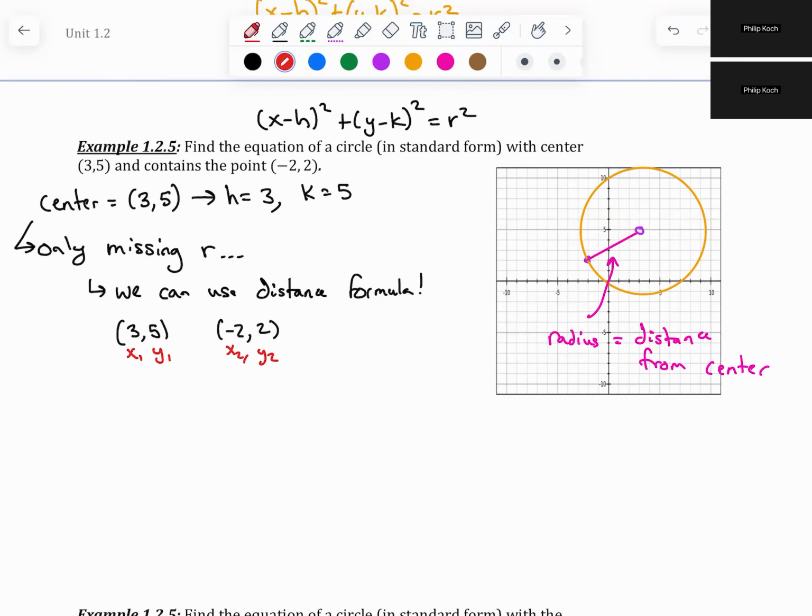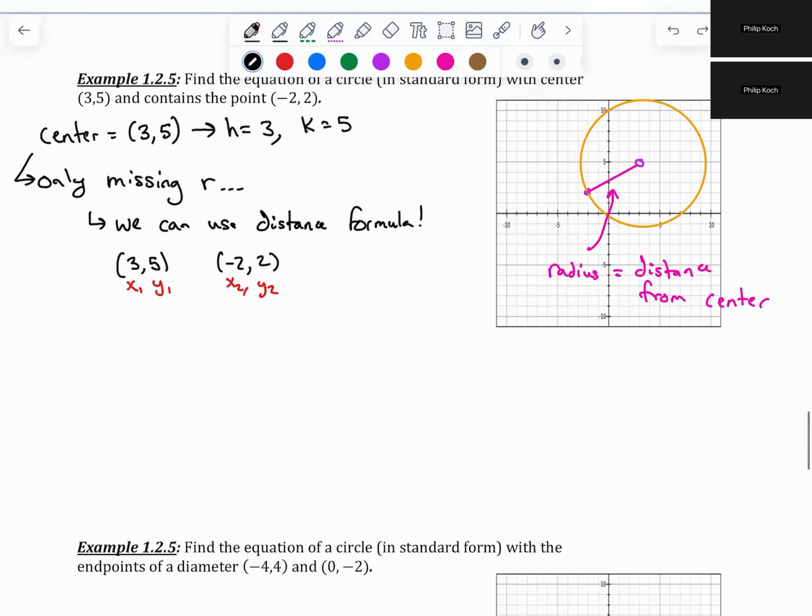If you don't remember what the distance formula is, I'm going to write it down because it's good practice to just memorize by writing something down. So d, the distance, which in this case will be r, is the square root of x sub 2 minus x sub 1 quantity squared plus the quantity y sub 2 minus y sub 1 squared. We'll plug that into the formula.